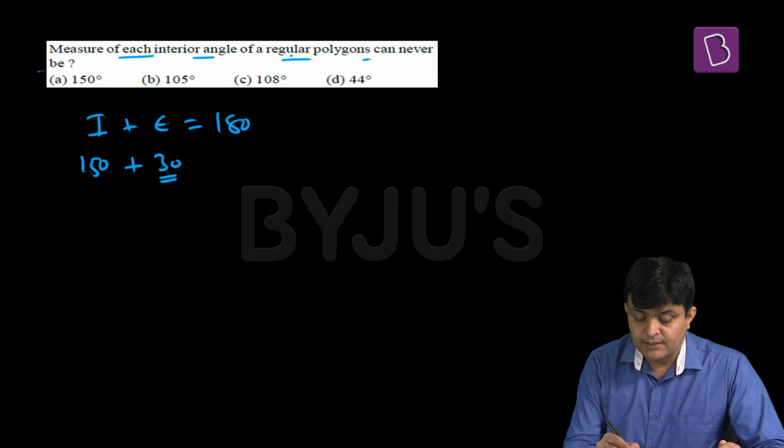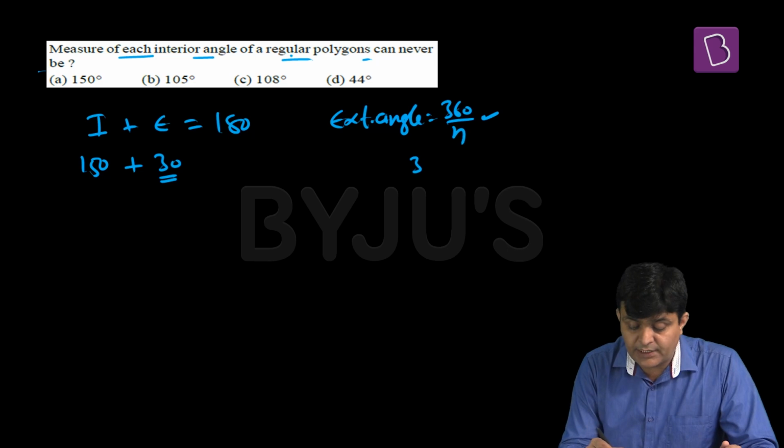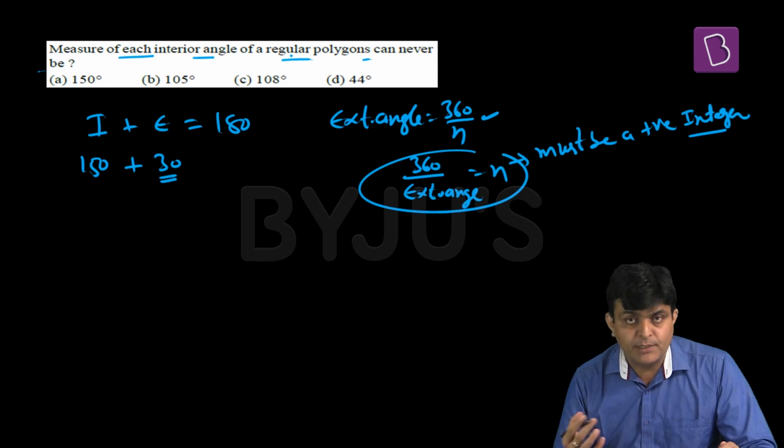And we know the external angle is equal to 360 by n. If we divide 360 by any external angle, this is equal to n, and n must be a positive integer, because the number of sides should be a positive integer.